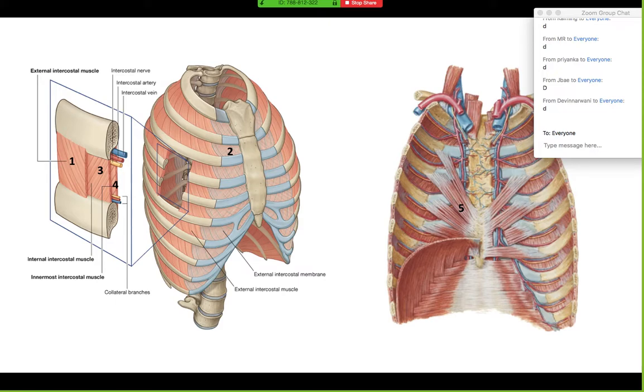If you imagine, I know you guys can't see me, your fingertips pointing up towards the ceiling and you're trying to wrestle a glove on, that direction. And then external intercostals are going to be hands and pockets. If you stick your hands in your pockets, those fibers are running that direction. And that's how you're going to tell the difference between the two on the practical.